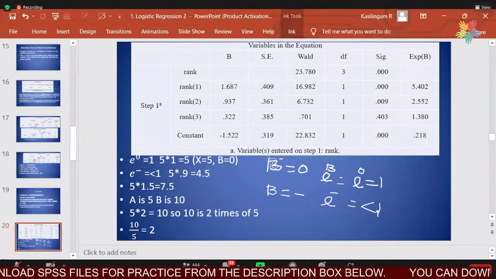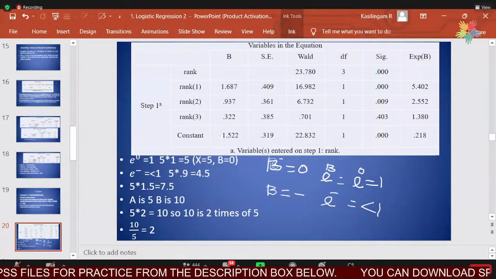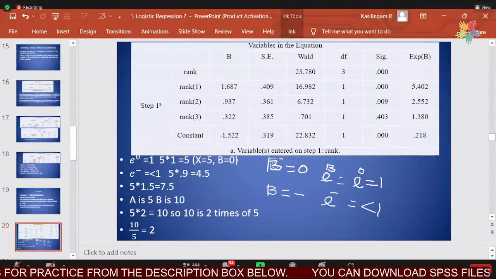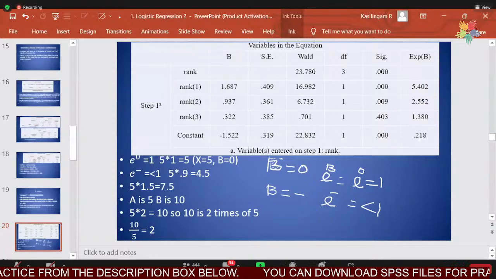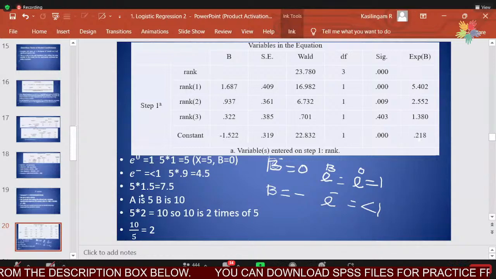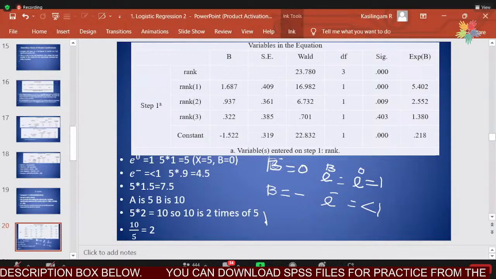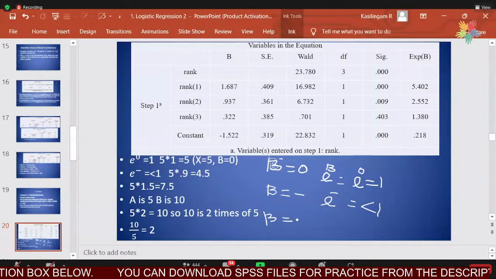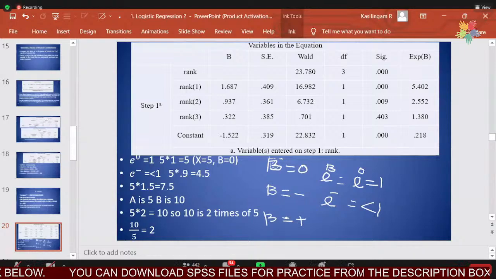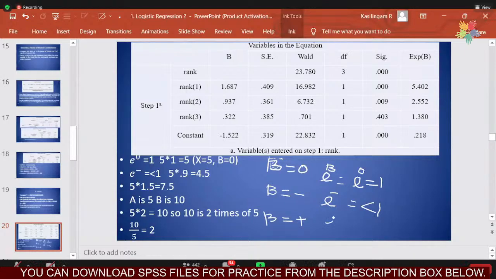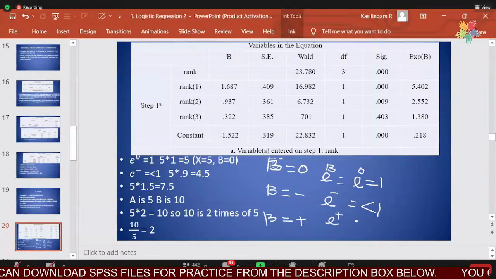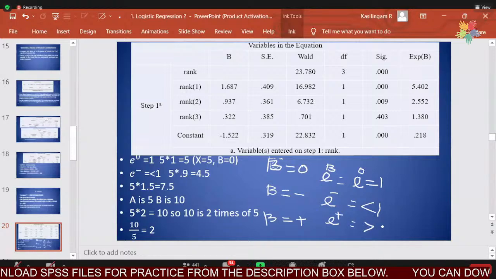You can see here it is negative, so the exponential of negative is a decimal point value. Suppose my beta is some positive value. Then the exponential of a positive value will be greater than 1.